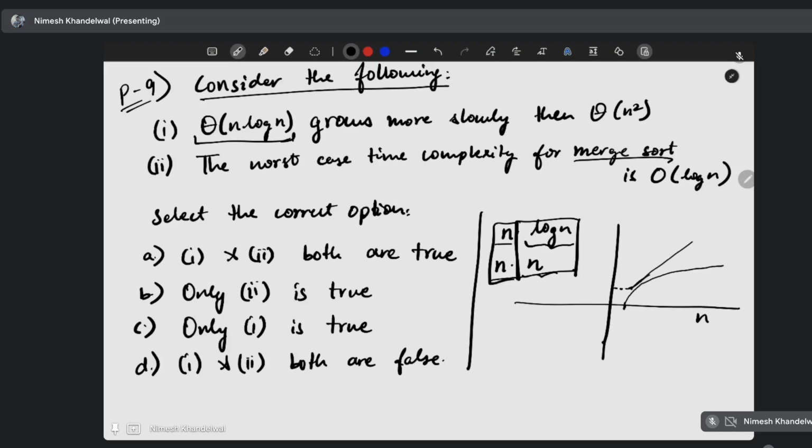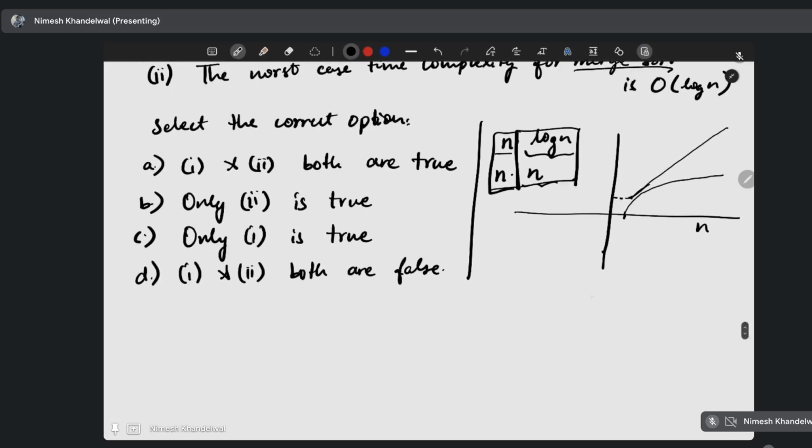grows linearly, right? So now of course if we multiply n to both of them, it will just change the shapes of the function, but their respective positions will not change.